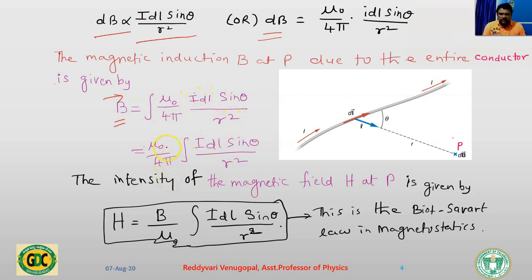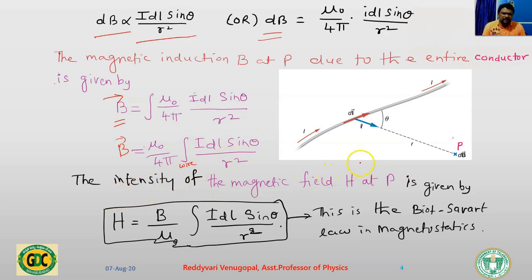Okay. So this mu naught by 4 pi is a constant, so we can take it out. So we can write B bar is equal to mu naught by 4 pi integral over the total wire Idl sin theta divided by r square.